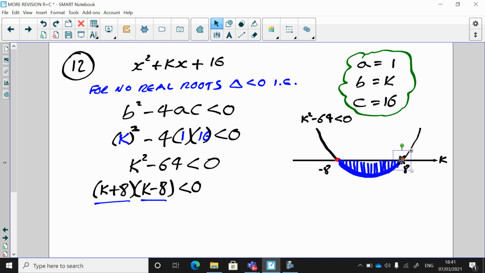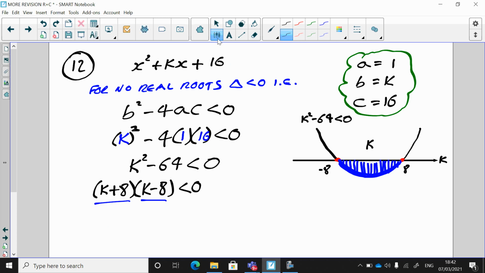Right, that's what seems to be happening here. In fact, that is the solution. That's where it's below the k-axis. So that is our solution here. It's going between -8 and +8.